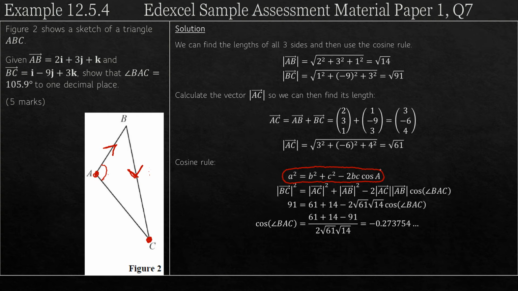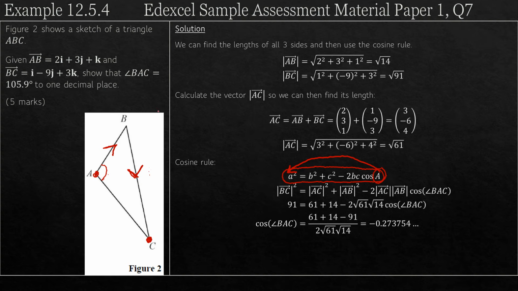Do remember that the angle capital A needs to be opposite the side lowercase a. Now it's lucky here that the point we're working with has the label capital A, which means less chance for confusion.